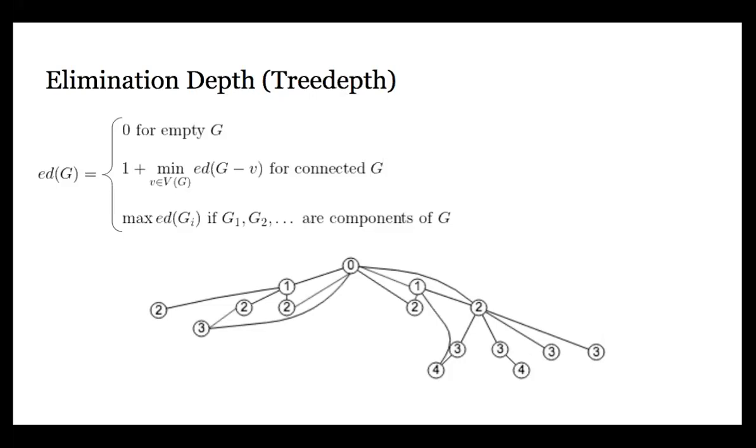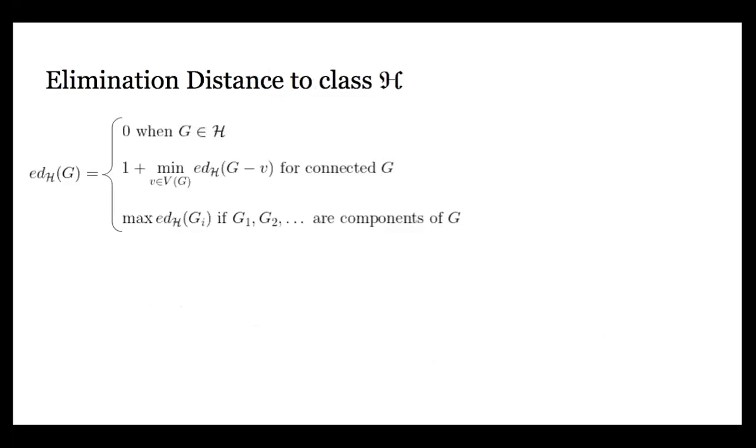So the elimination depth treats empty graphs as trivial graphs. We would like to refine this definition in such a way that bipartite graphs or some other target class of graphs would be considered trivial. So we can define the elimination distance to a class H. You can think of H as bipartite graphs as in our first example, or you can substitute here your favorite class of graphs.